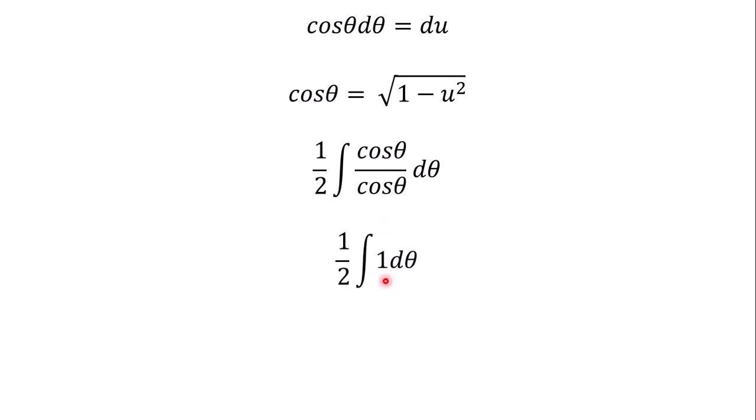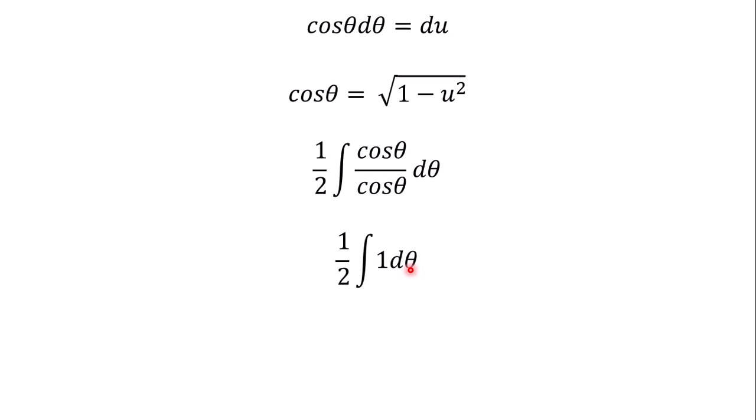Now this one will just give us sine theta. Sorry, this one will just give us theta, because this one is 1, and we are integrating it with respect to theta. If this one is x, it will be x. If this one is any variable at all, it will be that variable.